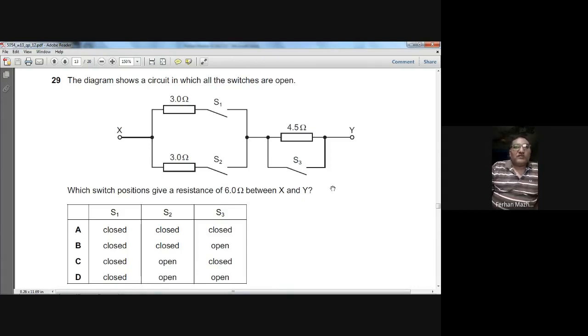So for question number 29, to get a total resistance of 6 ohm out of this circuit, S1 and S2 need to be closed and S3 will remain open. So B looks the option. Question number 29, B is the option. I hope that it is clear to you.